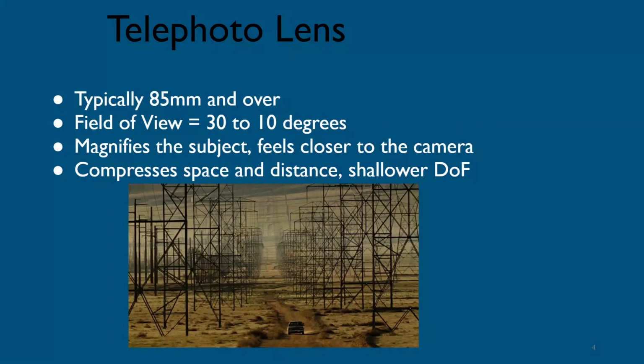We have the telephoto lens, where space gets compressed. We get closer to that object, so we can see things, and space is sort of compressed, right? Usually you'll see that at 85 millimeter and over.